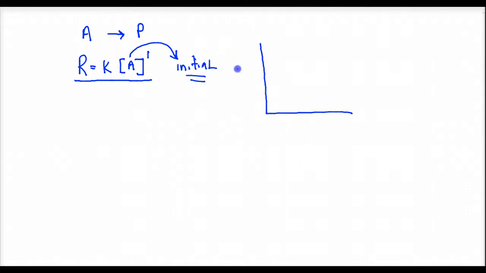So we have rate over time, and obviously it's going to go down as we use up A. The reaction rate decreases, obviously. But all we have is the what? The initial condition, the initial rate. After that, all bets are off. We'd have no way of getting that.